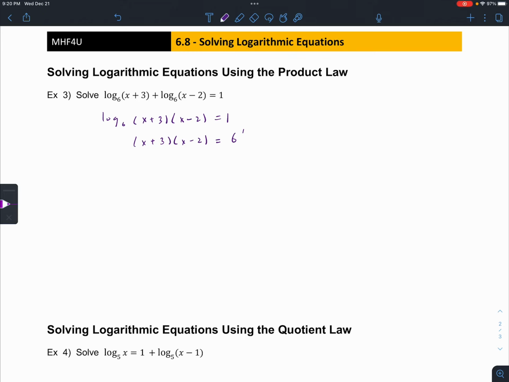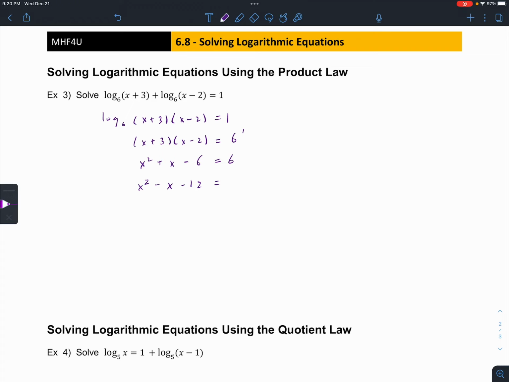We can expand now and get x squared. So this is going to be plus 3x minus 2x. So that's just going to be plus x minus 6 is equal to 6. Moving the 6 from the right side to the left side, we're going to get negative 12.